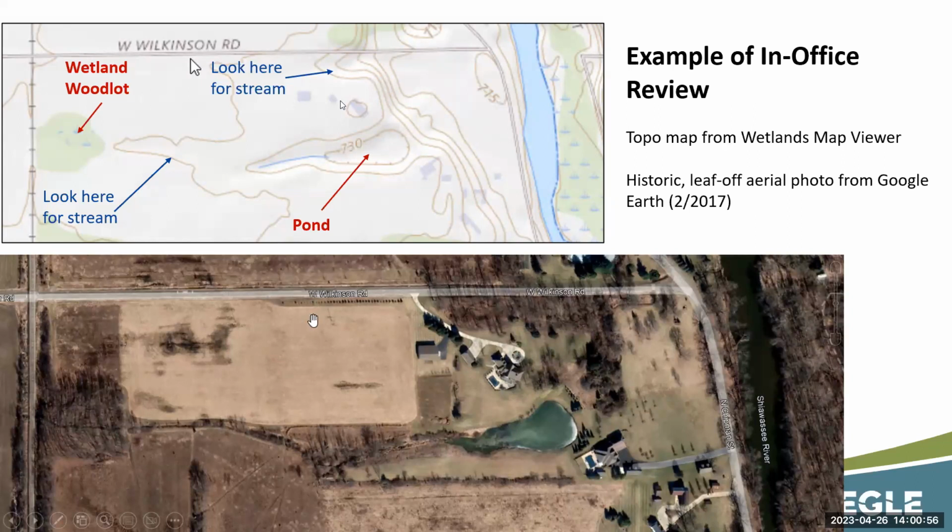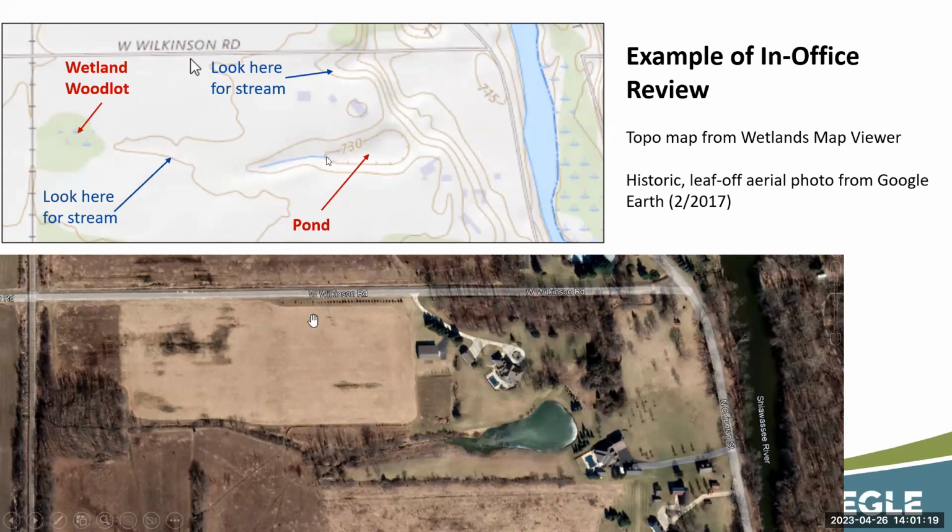So you want to look on your topos for these contour lines that are less than 90 degrees. Sometimes this could indicate that there would be a draw here, and a stream channel could form in those low-lying elevations where you might get some concentration of water.